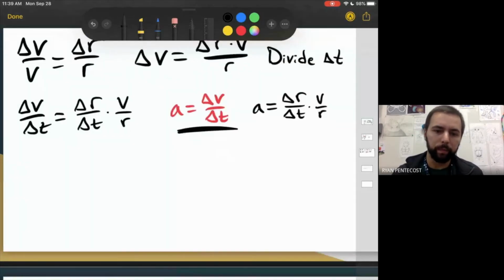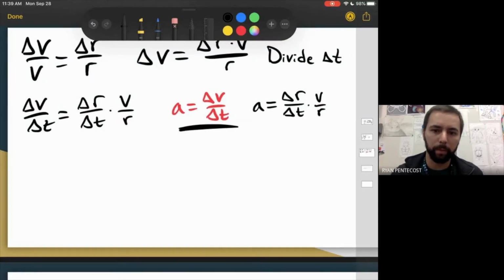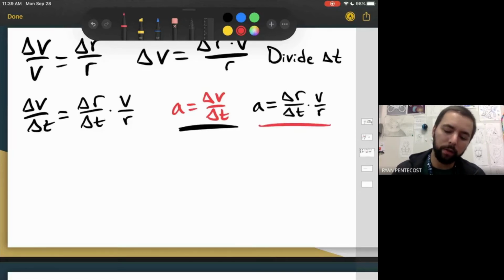Now, this part is going to be tricky. For this scenario, we're basically just taking the derivative.